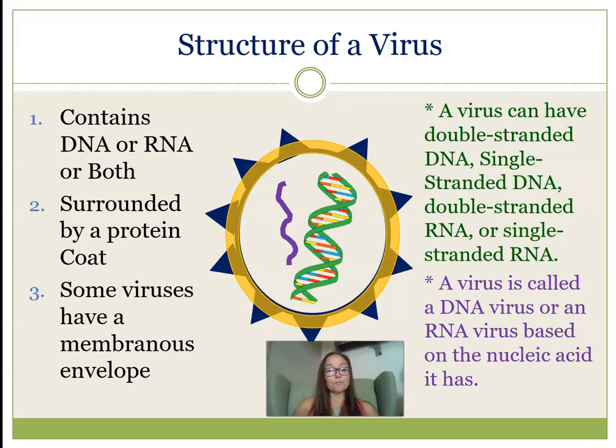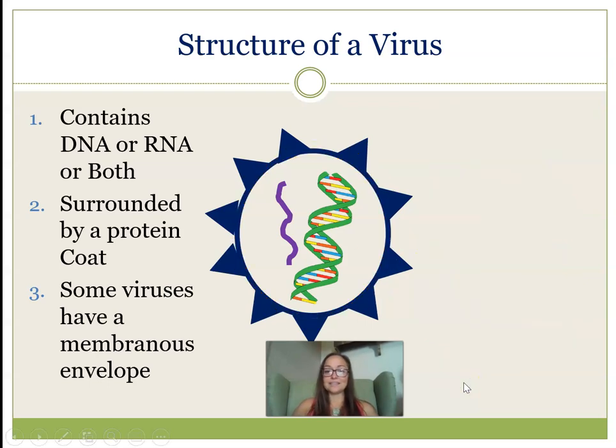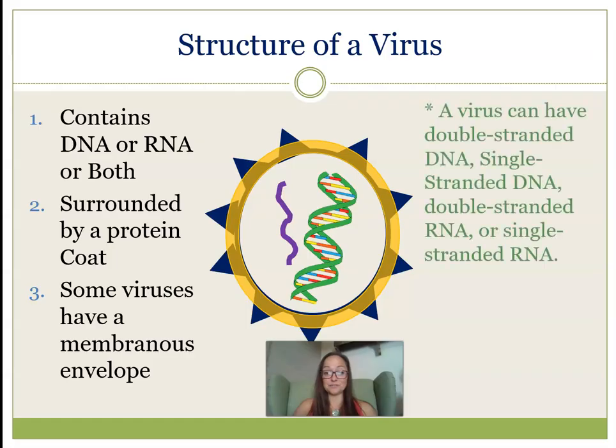The name coronavirus comes from the fact that when you look at it underneath a microscope, it looks like a crown, because corona means crown. Those proteins around the surface make the coronavirus look like a crown.